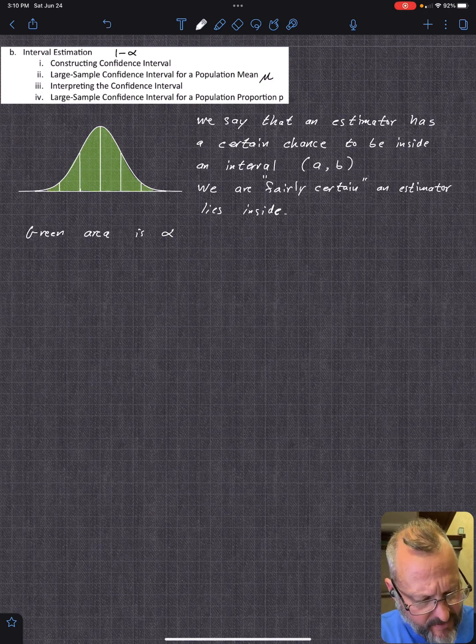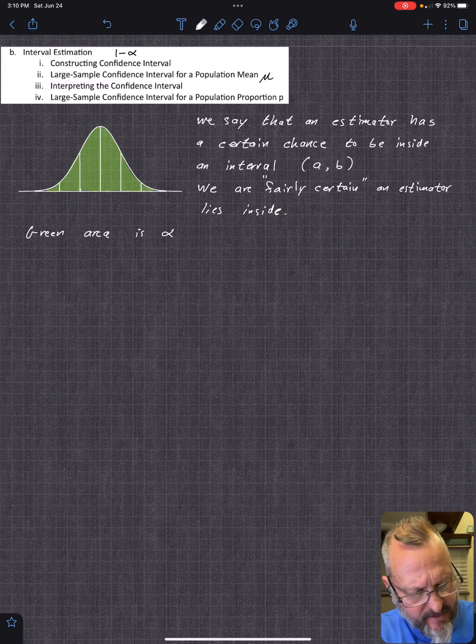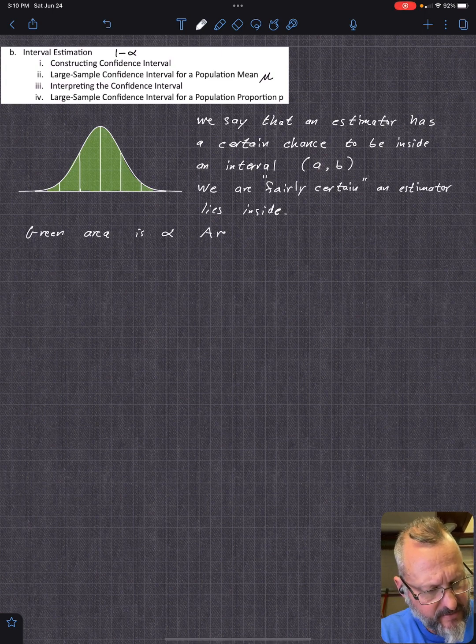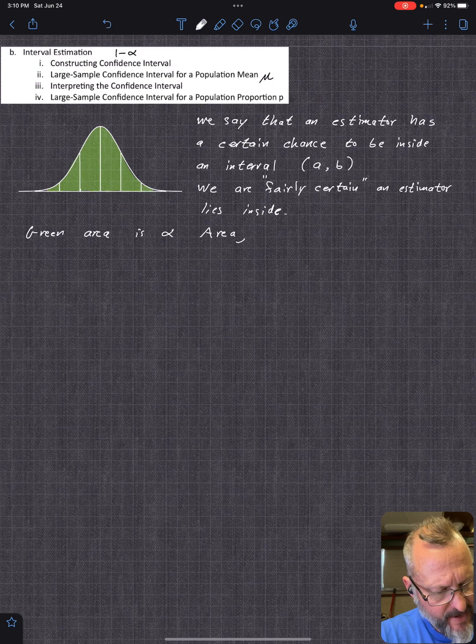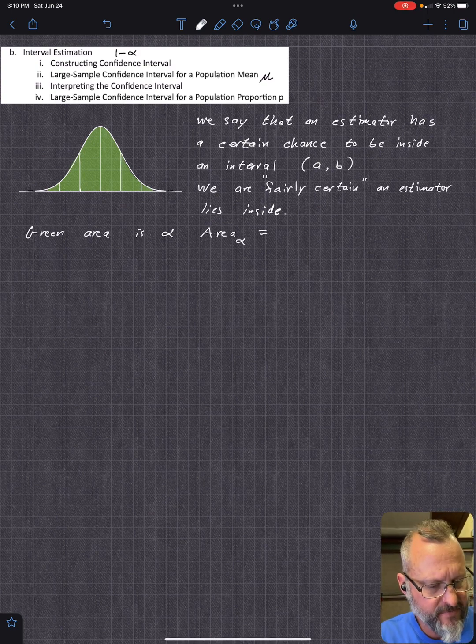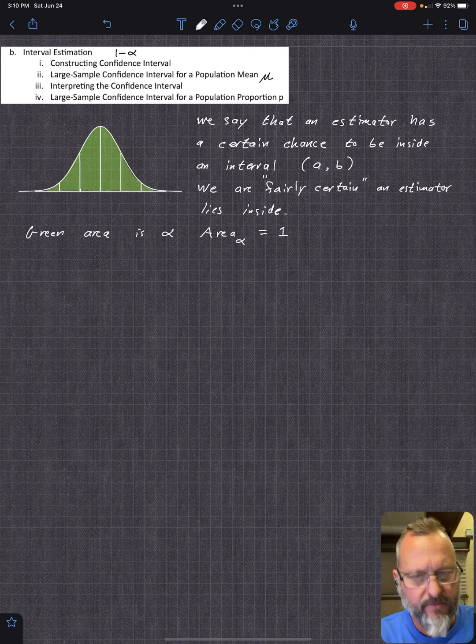So if the entire thing is shaded, then the area underneath the curve for a normal distribution has to be 1. That's the whole concept. So that area has to be 1.